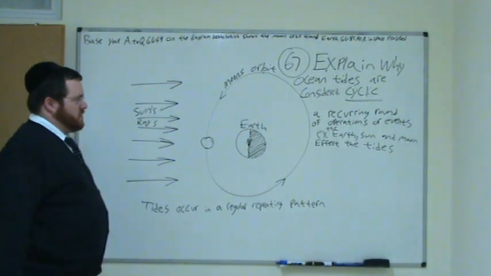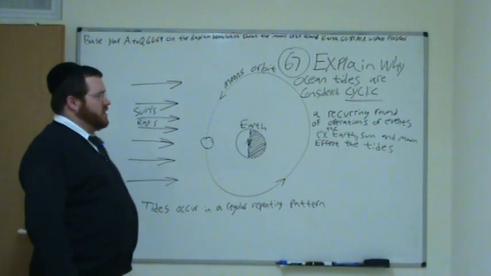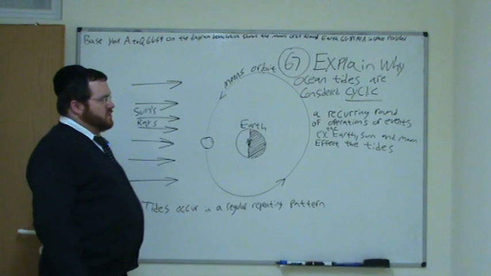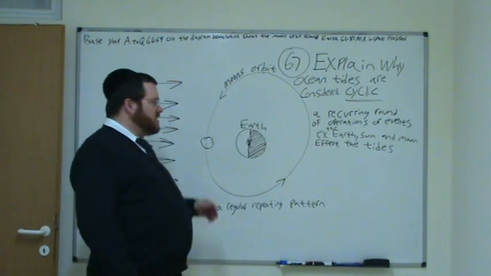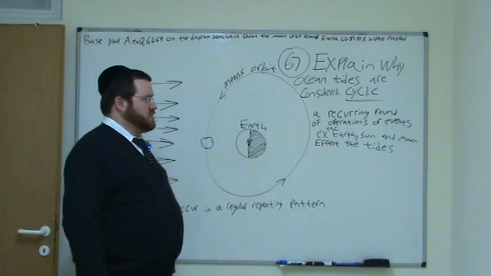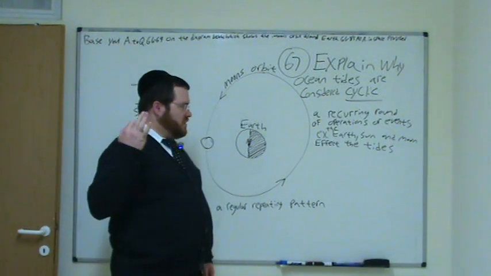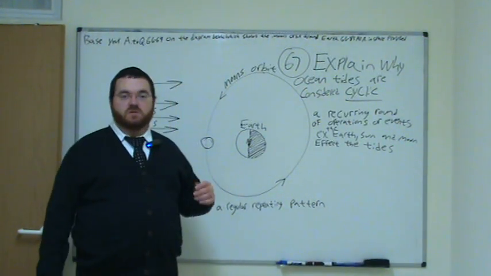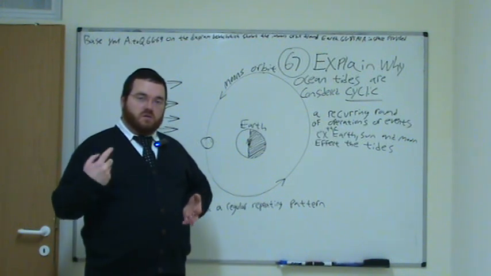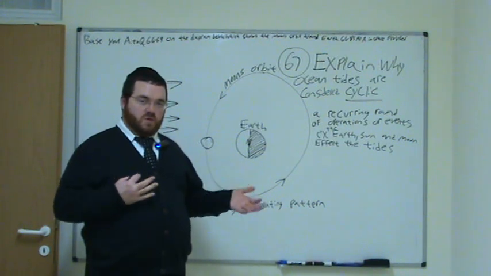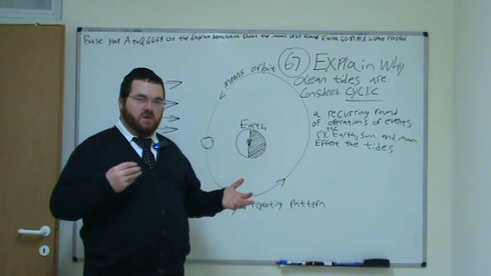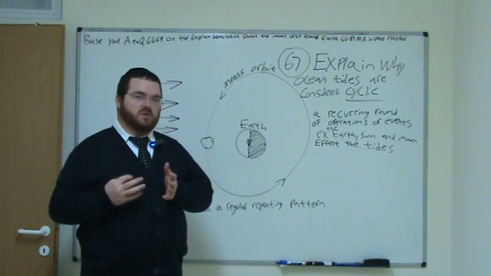Question 67. Explain why ocean tides are cyclic. So, what is cyclic? Cyclic is a recurring round of operations or events. For example, the earth, sun, and the moon affect the tides. When the sun is in one place of the sky, the tides are being pulled in one direction.